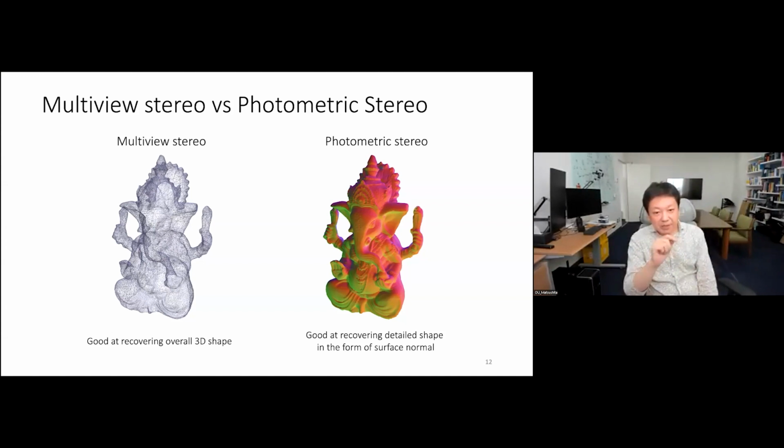Another nice thing about multi-view stereo is that it can produce the shape information as depth, which is very intuitive. On the other hand, the photometric approach is good at recovering detailed 3D shape information. However, the recovery is in the form of surface normal, not depth. So the surface normal needs to be further transformed to create a 3D shape model.